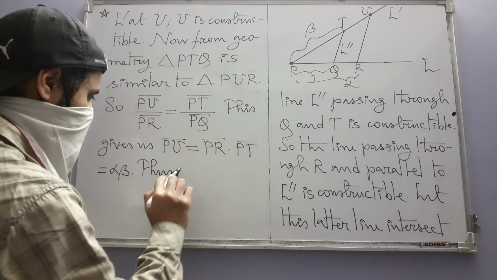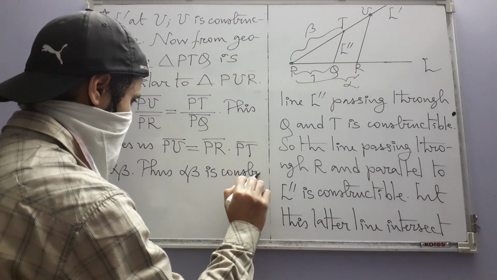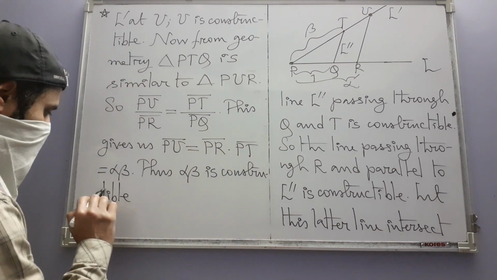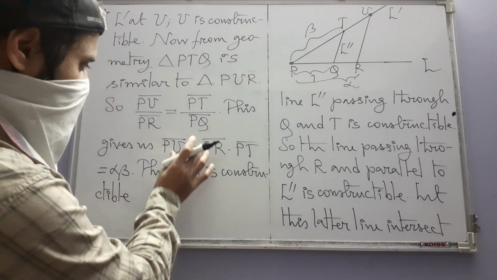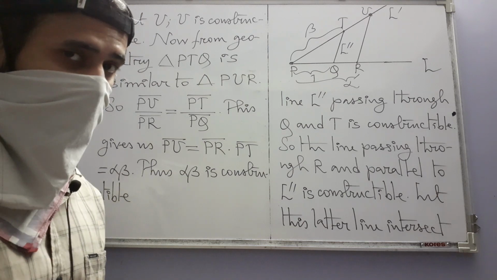Thus alpha beta is constructible. And note that here we do not need to consider that absolute value because both alpha and beta are positive.